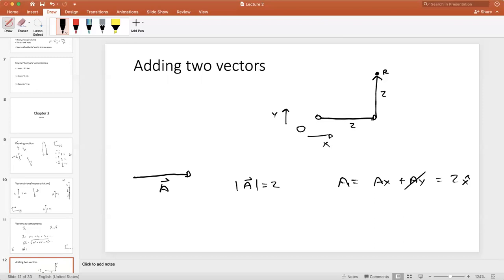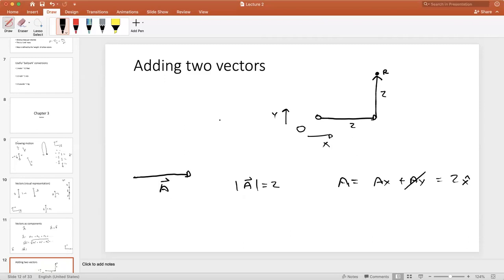It's just a convenient way to note what direction we're talking about. If you study the math of vectors and vector analysis, you really have to pay attention to your unit vectors. We don't in this class. What we need to do is make sure that we know what component we're talking about. In this case, AX is the component in the x direction of A.